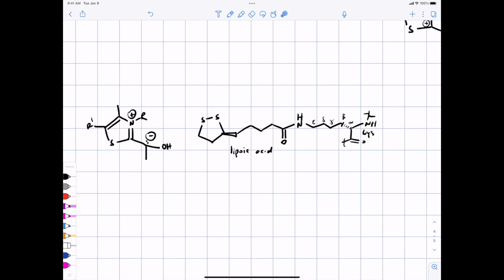It's stabilized by resonance. And it turns out that disulfide bonds, heteroatom bonds in general, are relatively weak. And so we can have this anion attack the disulfide, and a thiolate leaves. We can show it actually picking up a proton on its way out.